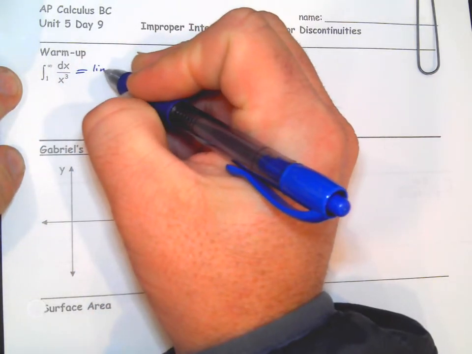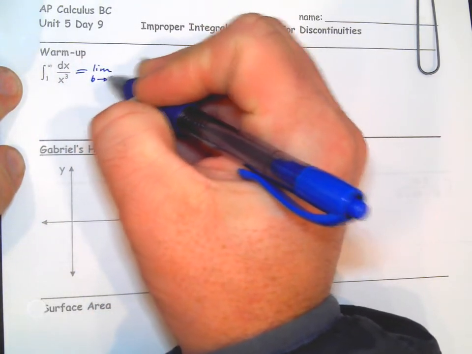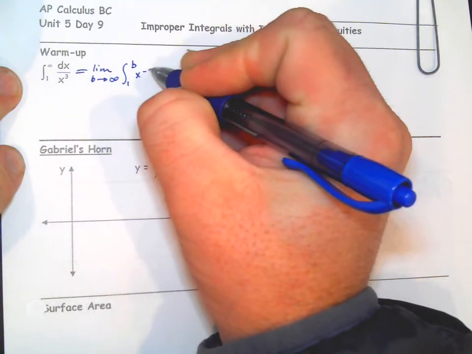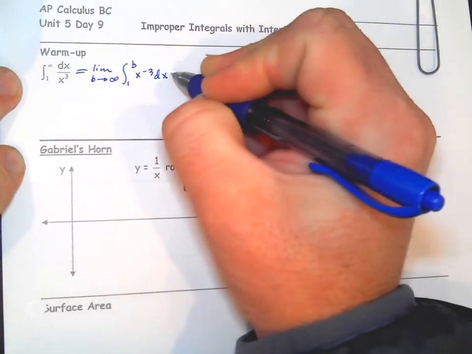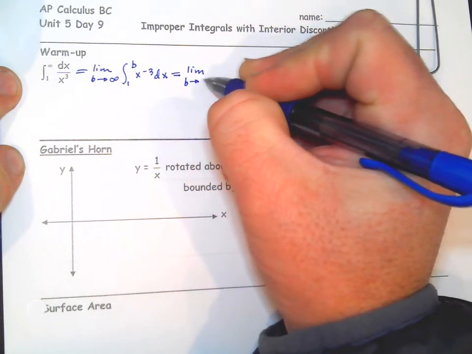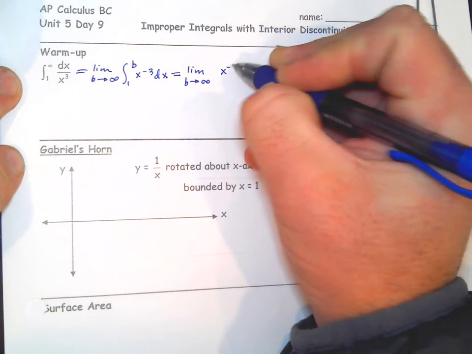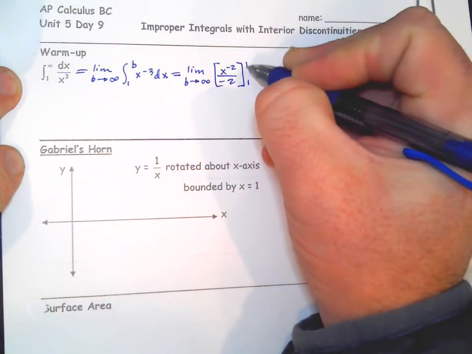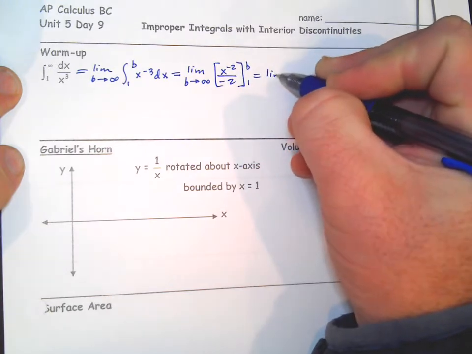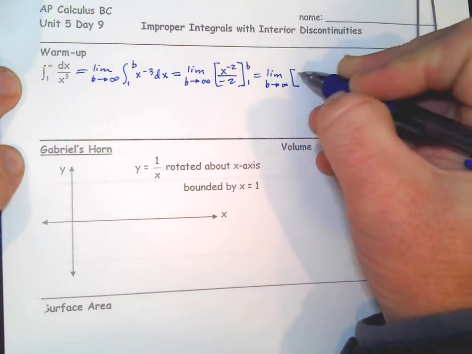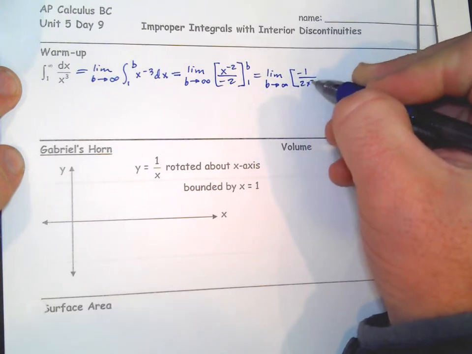So one of the big things that we talked about last time was changing these to limits, and then using whatever appropriate integration strategy. So we're going to bump it up by 1, divide by the new exponent. Maybe rewrite it as something a little more friendly to work with. So this is going to be negative 1 over 2x squared.